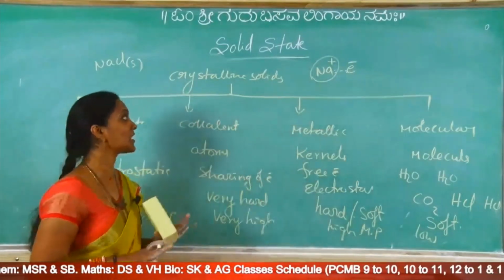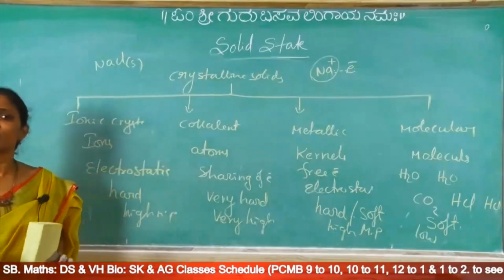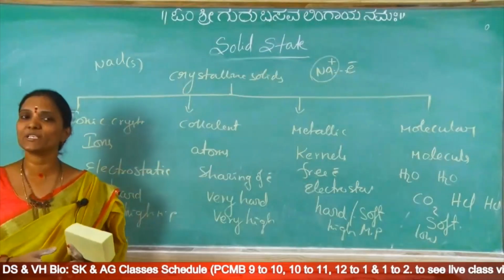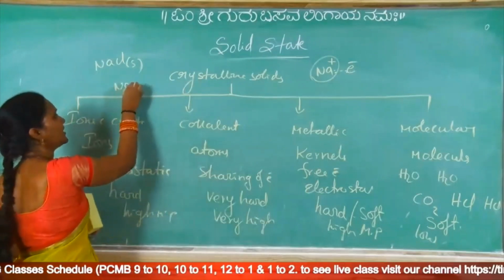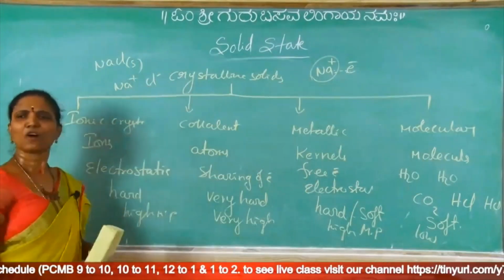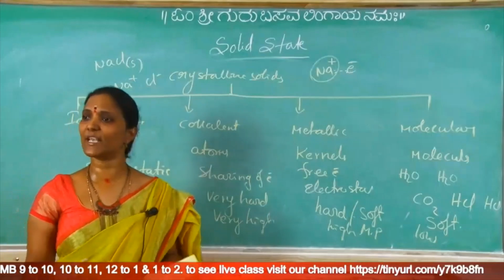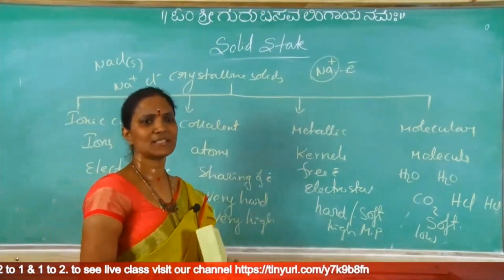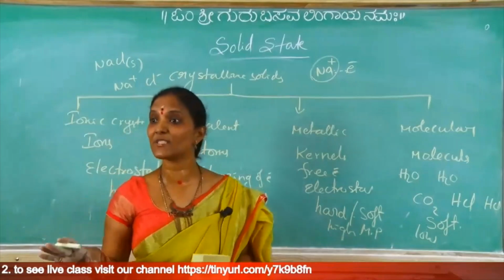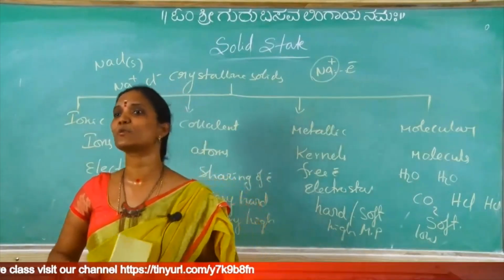But in molten state, a hot liquid state, or simply in aqueous solution, it changes to Na+ and Cl-. If it dissolves in water, it decomposes to Na+ and Cl-; free ions are formed, and now it acts as a good conductor.